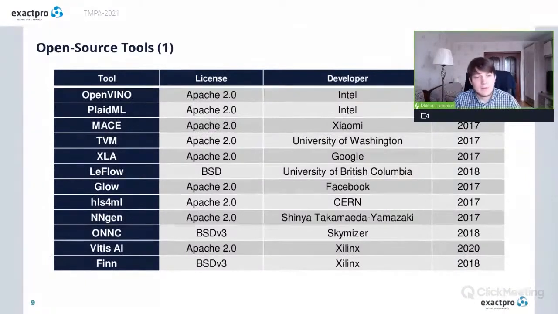Well, in this table, you can see the tools that we have reviewed. These tools are very different. They are developed by big and small companies, universities, and even some people.